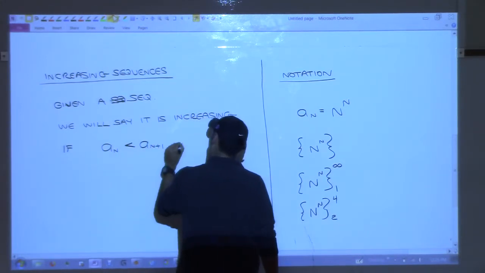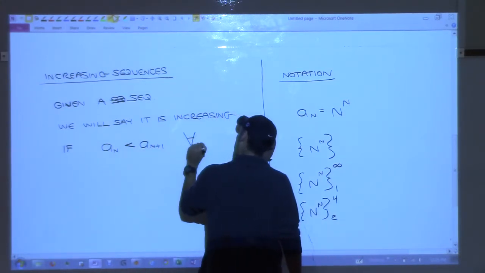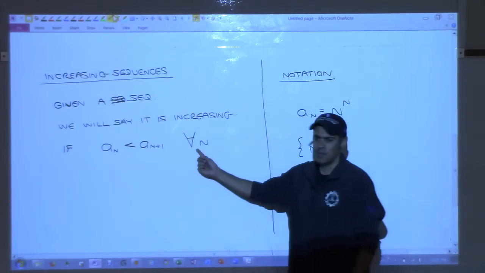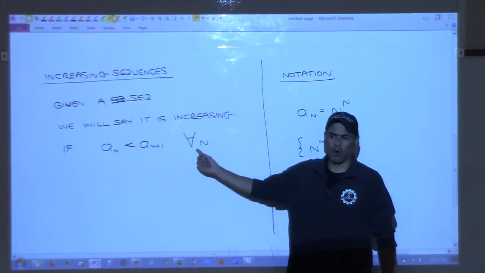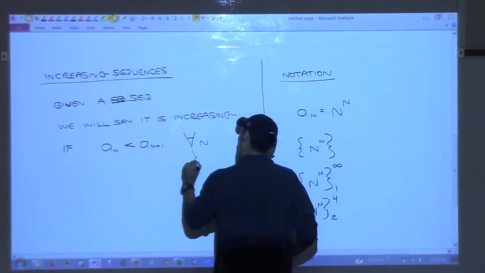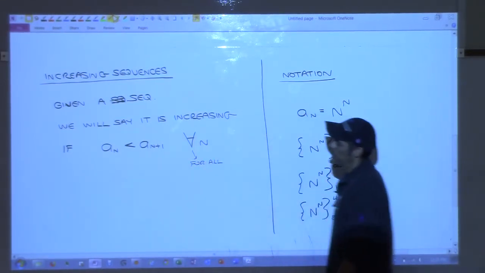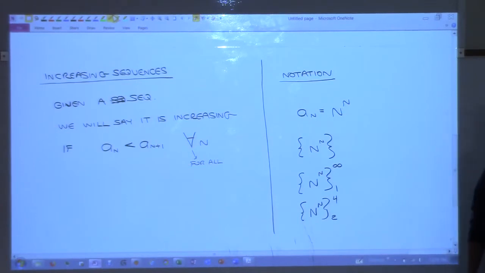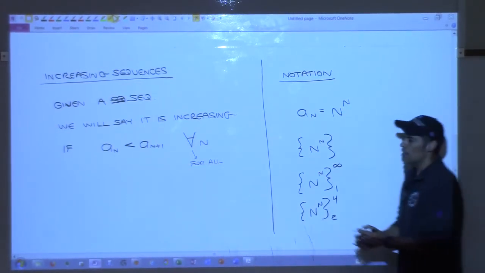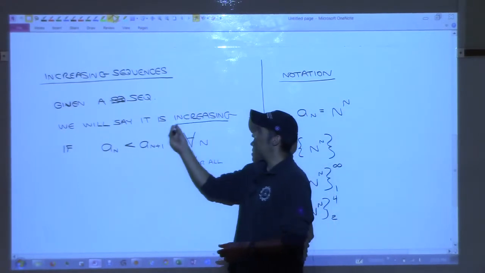Do y'all know what that means? Upside down capital A? For all. For all n. So this is the definition of what it means to be an increasing sequence.